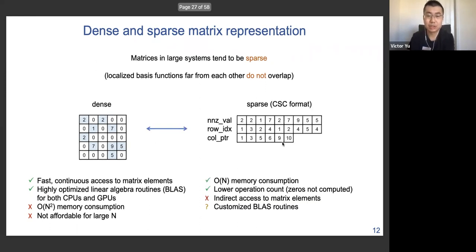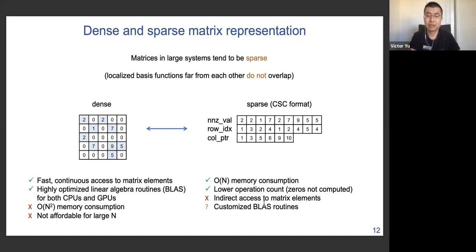So another storage strategy is to only store the non-zero elements, marked by blue squares here. So we drop all the zeros, which means that the memory consumption is reduced because we don't store the meaningless zeros in the matrix. And we also lower the operation count because when we multiply two dense matrices, the zeros are also multiplied together, but here we can only operate on the non-zero values.